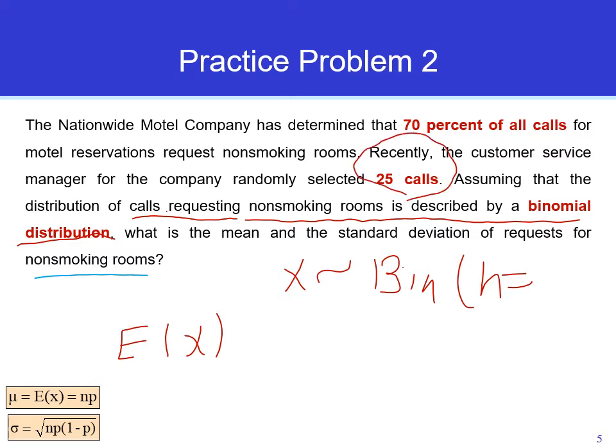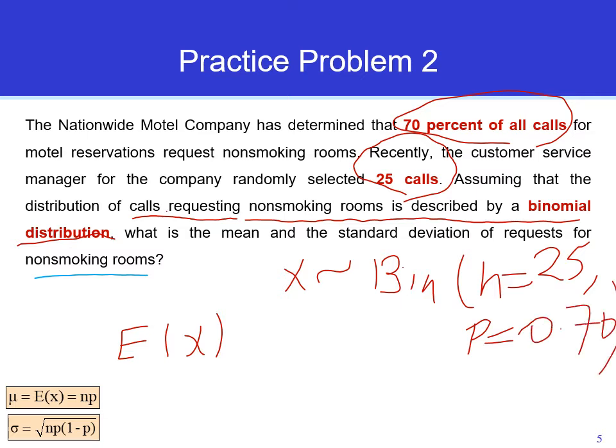So n here is 25. What is the probability of success, meaning that the customer who calls would ask for a non-smoking room? It says 70% of calls. So the probability of success, which we define as requesting a non-smoking room, is 70%. All right, so we have this now.